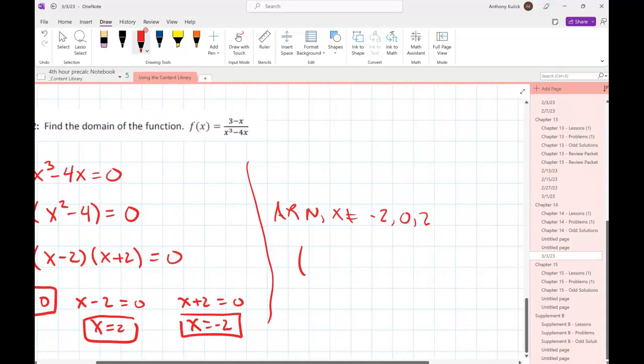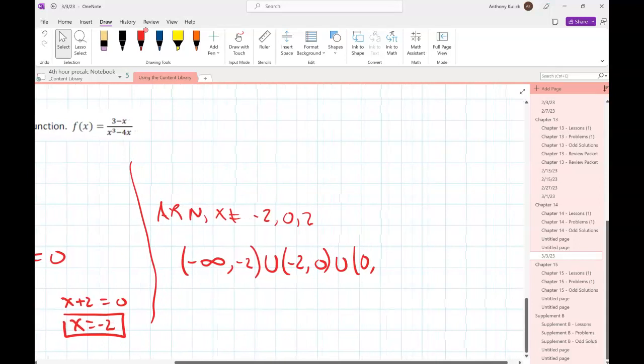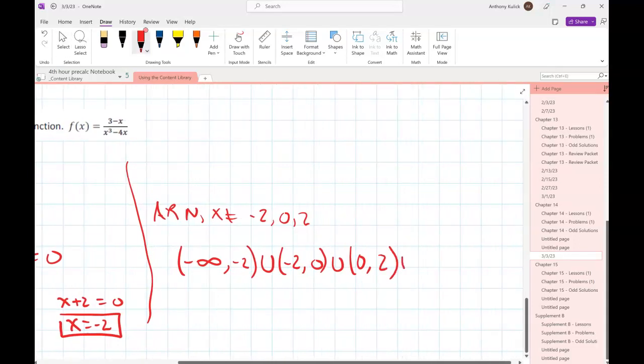So where does our interval notation start? Same as last time, right? Negative infinity. And it goes up to the first hole in our domain, which occurs at negative 2. And then it'll go from that hole in our domain to the next hole, which is 0. That's correct. And it'll go from that hole to the next hole, which is 2. And then it'll go from that hole to the end, which is positive infinity.